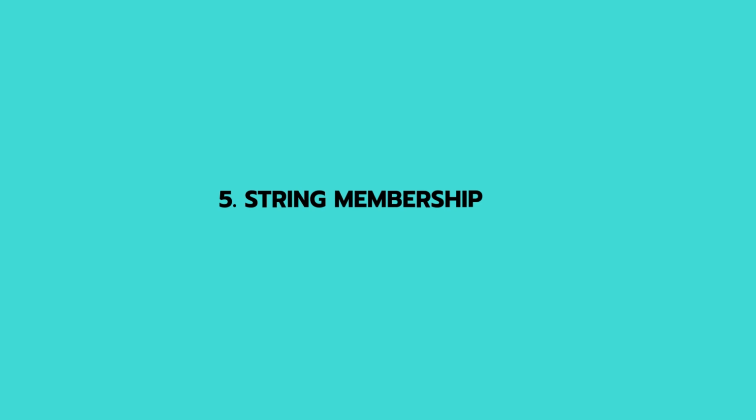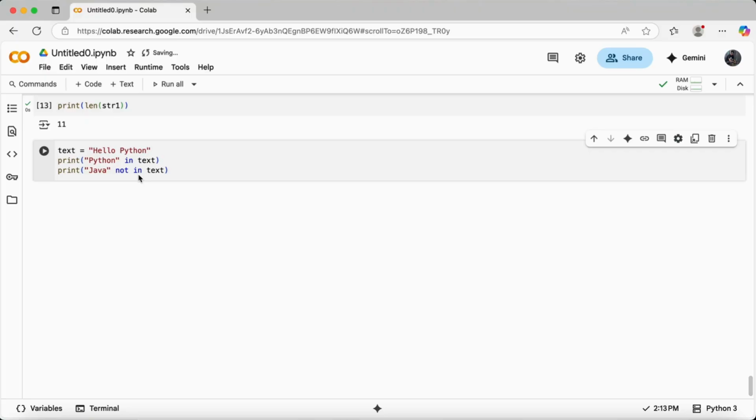Now comes string membership. How do we check if a certain piece of a string is present inside a string or not? If I want to check if hello is present inside the complete string hello Python, or if pyt is present inside this string, or if Python is present inside this complete string, how do we do that?